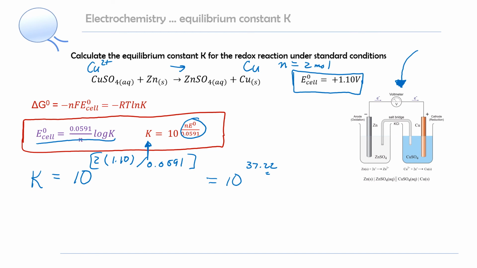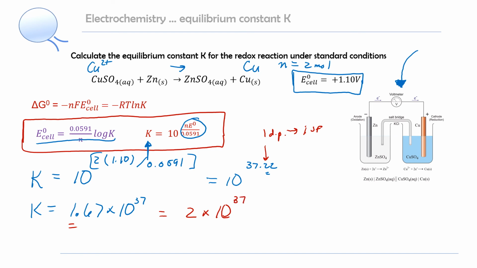This is going to give me a value of the equilibrium constant, which is 1.67 times 10 to the 37th. That's a very big number. From a significant figure standpoint, if I have 1 decimal place, I have 1 significant figure. So this is actually 2 times 10 to the 37th as your equilibrium constant.